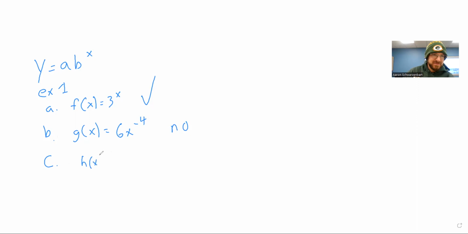H of x here is an exponent, negative 2 times 1.5 to the x. Yes, an exponential function. A in this case is negative 2. B is 1.5. This one up here, A was 1 and B was 3.